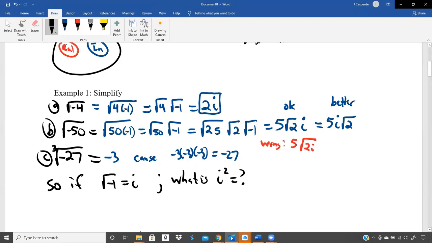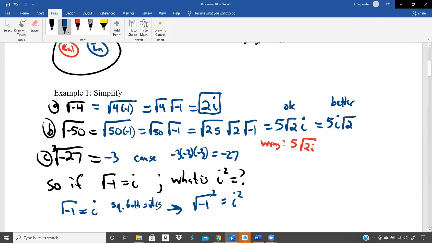So what is i squared? Well, we can take our definition, that the square root of -1 is i. These 2 things are equivalent. Let's square both sides, so whatever we do to one side, we're doing to the other. So -1 squared equals i squared.